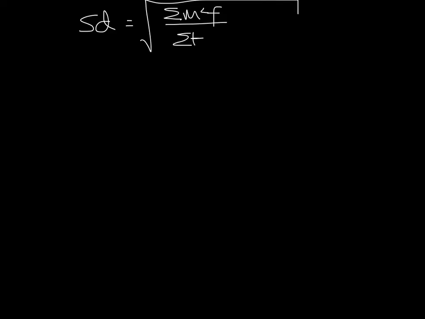Now my calculator isn't going to handle the standard deviation, but I'll just talk through what it is and give you the answer that you should have got. So standard deviation we know is the square root of variance, and so obviously we're going to have an answer for variance, we need to square root it. Variance is the sum of the midpoint squared times by frequency divided by the total frequency, and then subtracting the mean squared.